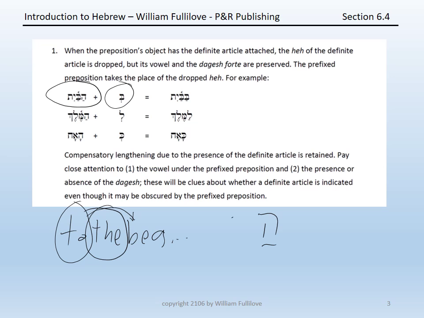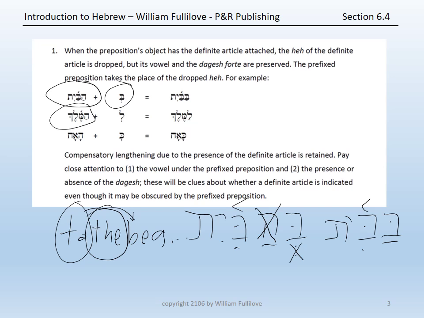Well, instead of simply attaching, what actually happens is that the hey of the definite article drops out, and the schwa underneath the ba drops out. What you are left with is the preposition ba taking the vowel patach from the definite article, and you have ba bayit.